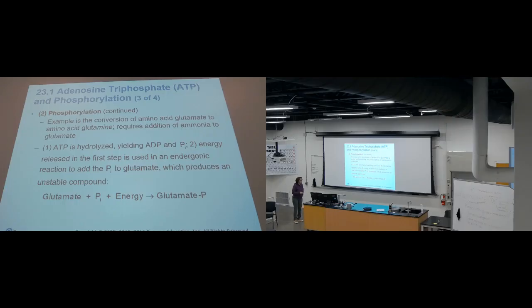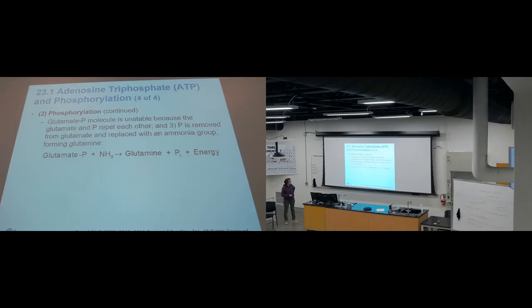An example will be, for instance, when you have energy released in the first step of an endergonic reaction, which produces an unstable compound. So you have glutamate plus inorganic phosphate plus energy that is going to lead to phosphorylation of glutamate, which is one of these amino acids.